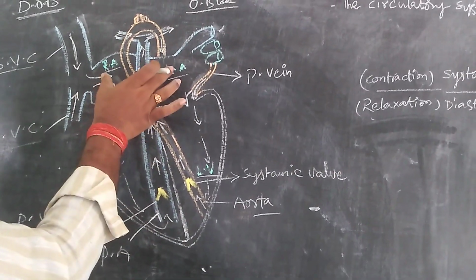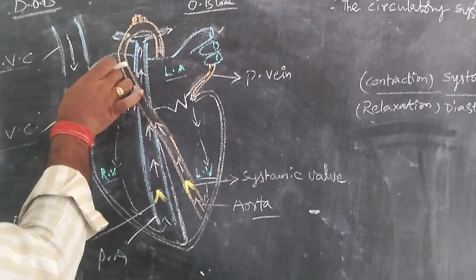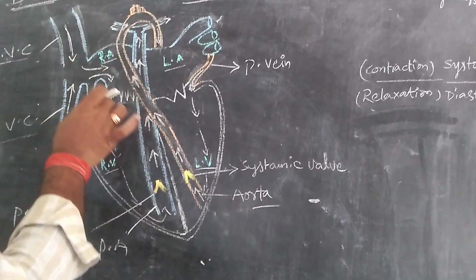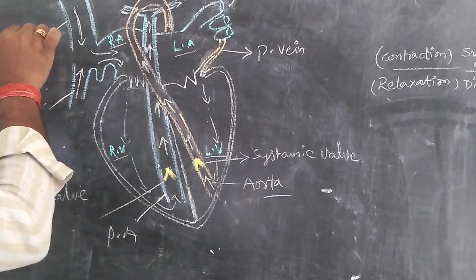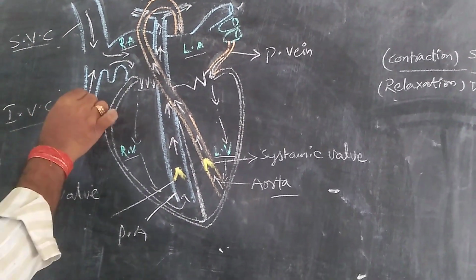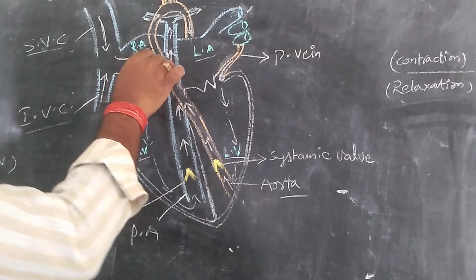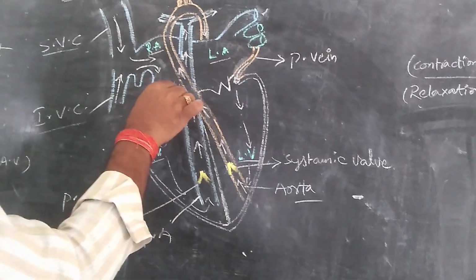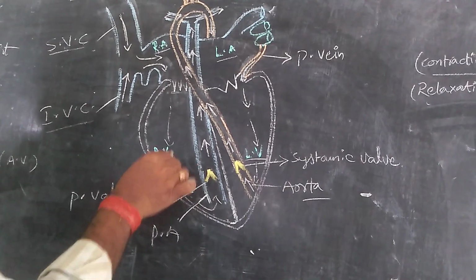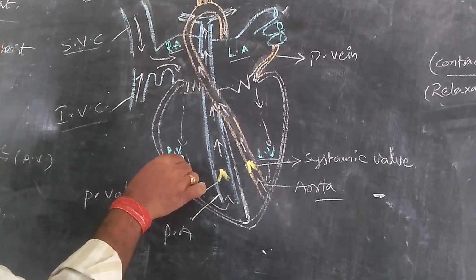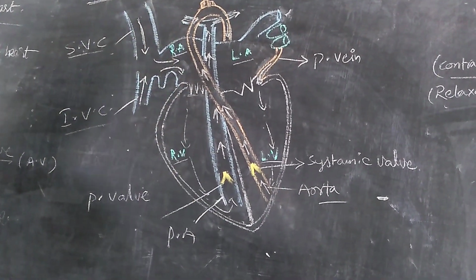Once the blood comes to the right atrium from all the body parts through the superior vena cava and inferior vena cava, which open into the right atrium, it passes through the tricuspid valve to the right ventricle.